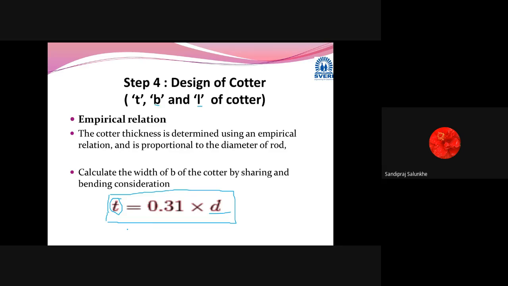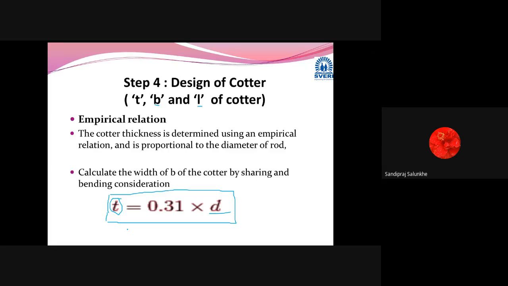All other dimensions which we have calculated in terms of T, we can now convert to their actual values. That will be numbers now. So put this T value in all the above calculations which we have done and calculate the dimensions of the respective parts. That is, calculate the inner diameter and outer diameter of the socket.